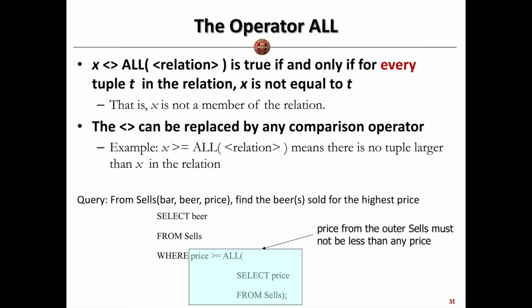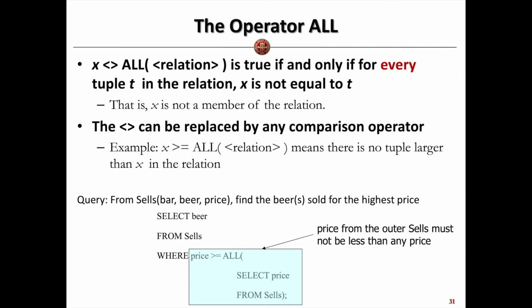You can also compare it with ANY. For ANY, if we can find one case that makes the condition hold, it returns a true value. However, for ALL, we need to make sure that for all the cases the comparison doesn't hold, then we can return true.